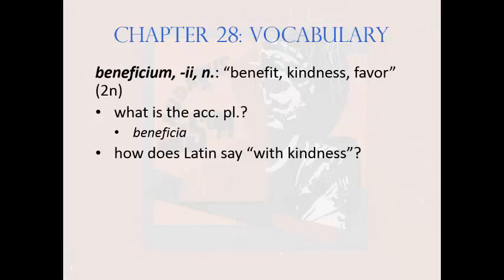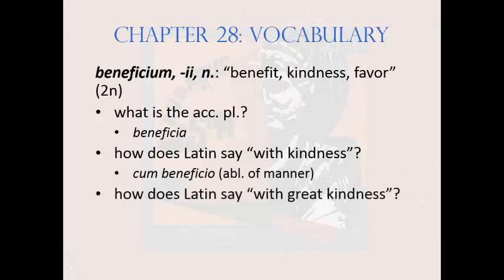Yes, cum. So with kindness would be cum beneficio. But what if we add an adjective like great, with great kindness? Do you still need the preposition? No, but you can have it. Magno cum beneficio, or just magno beneficio.